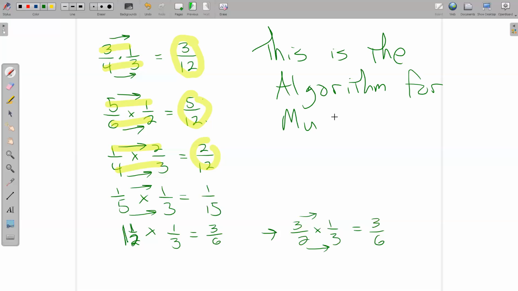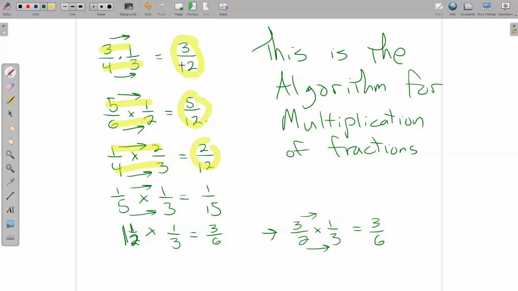Multiplication is way easier than addition or subtraction. So this is the algorithm for multiplication of fractions. That's simple. Multiply numerators, multiply denominators, there's your answer.